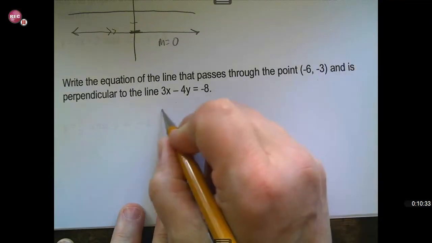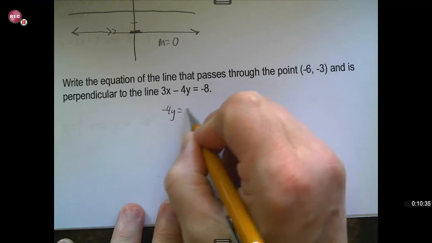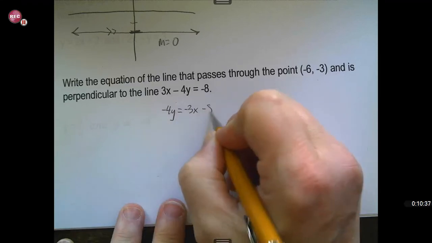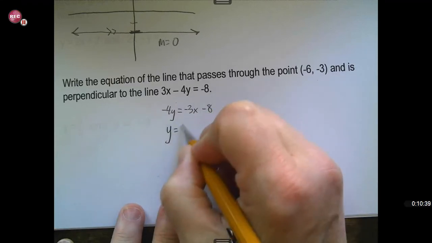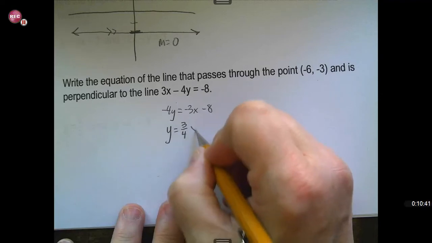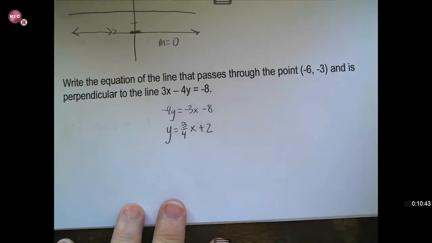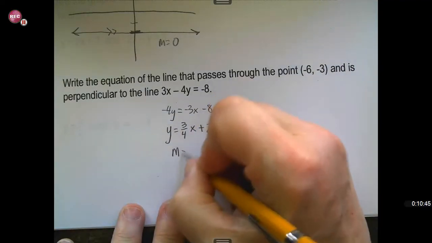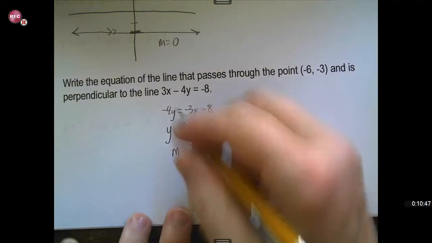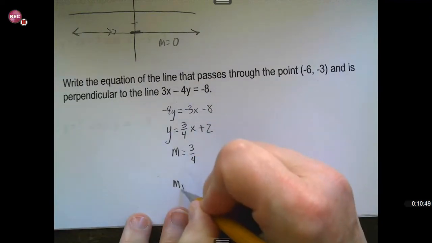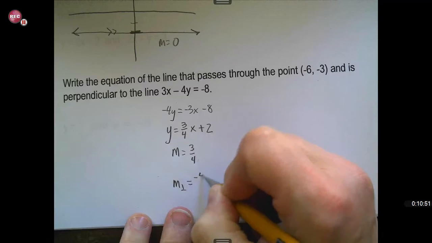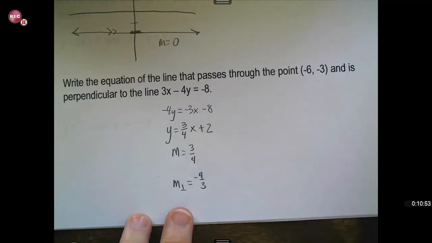So to do that, I change this from standard form to slope-intercept form. So I get 3/4 x plus 2. So the slope here is 3/4, which means the slope of the line perpendicular to it is -4/3.